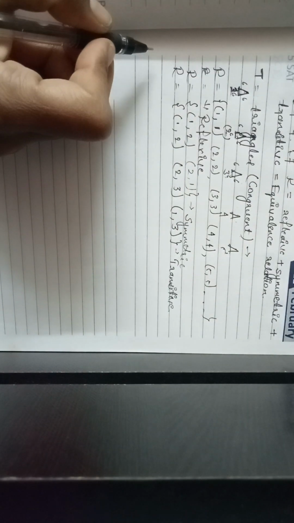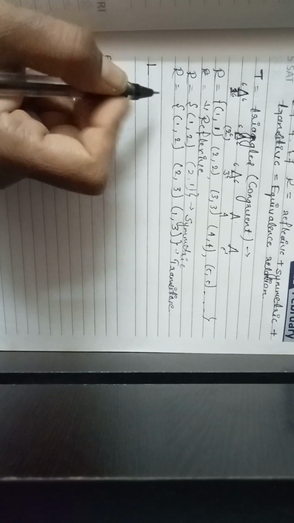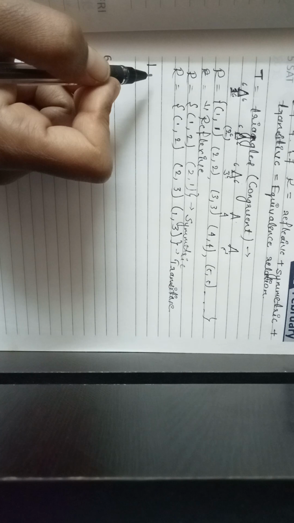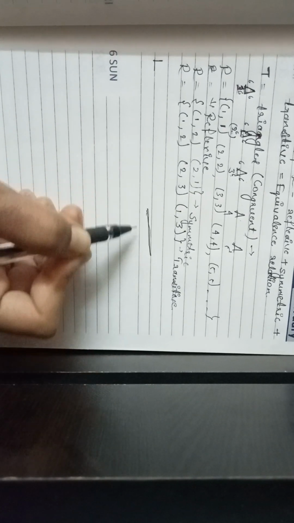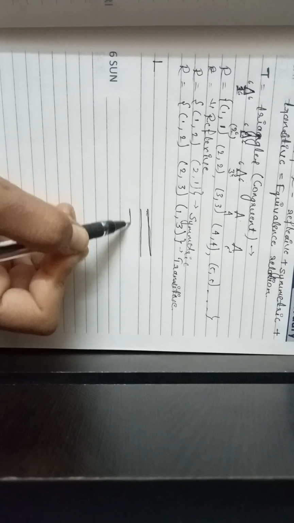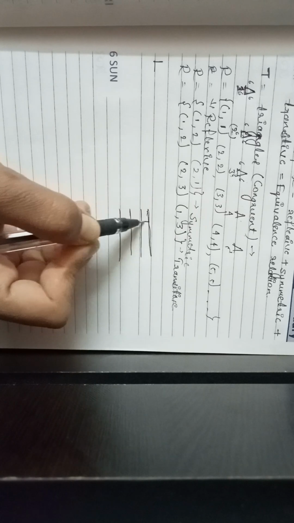Let me take one more example here. Let L be the set of all the lines in a plane. Now I'll draw some lines in this plane. These are all parallel lines and these are some perpendicular lines.